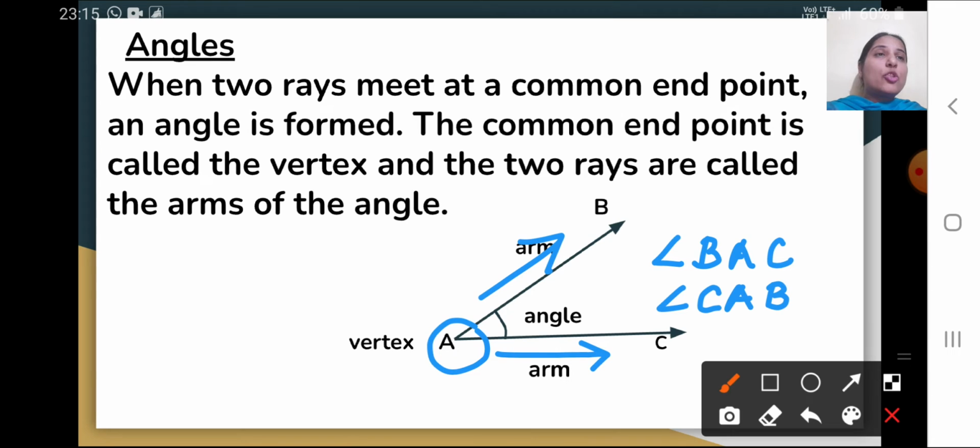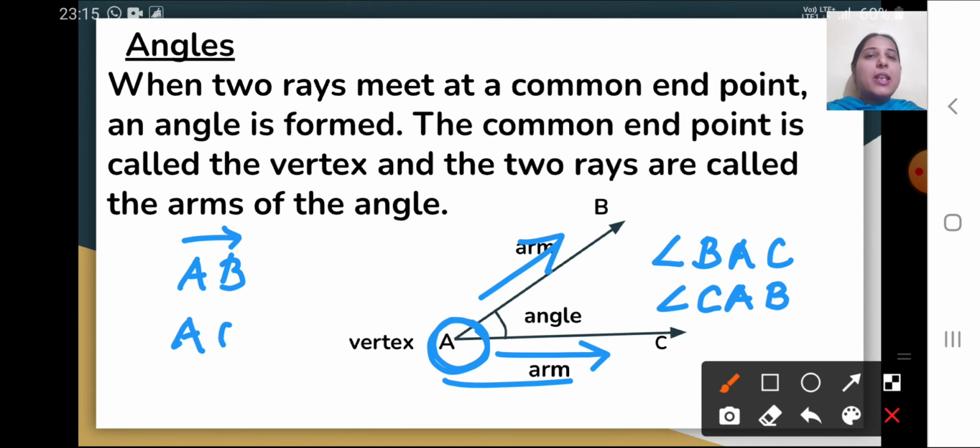Got it, children? You should be very careful while naming a ray. First you will say the end point and then you will move towards the arrow. So here the end point is A, so we will name it as ray AB, and this way ray AC.